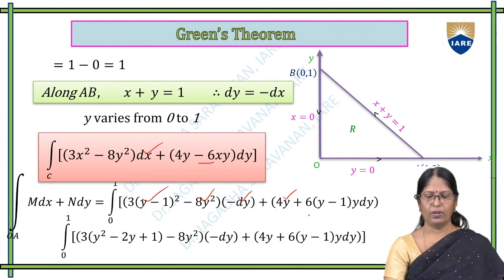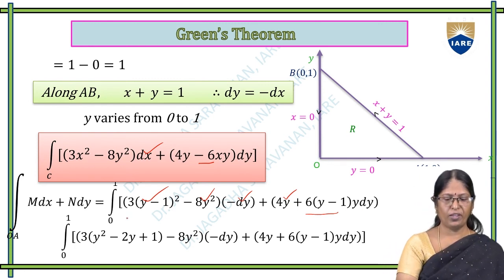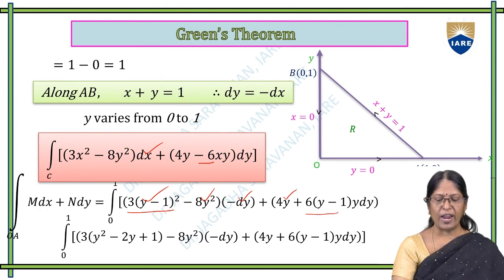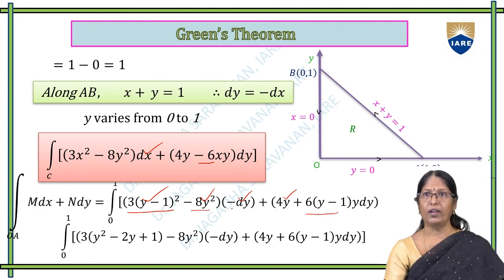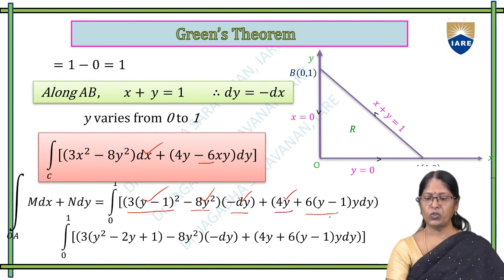So in this place we obtained 6 of y minus 1 y dy. Now put together, we are seeing 3 of y minus 1 the whole square minus 8y square into minus dy plus 4y plus 6 of y minus 1 y dy.